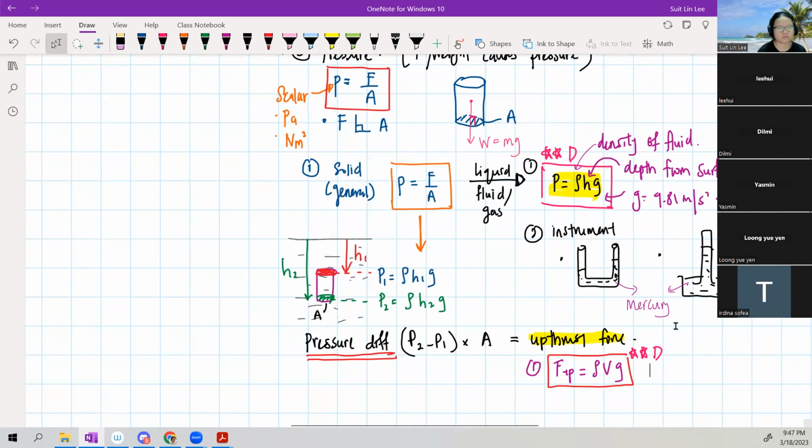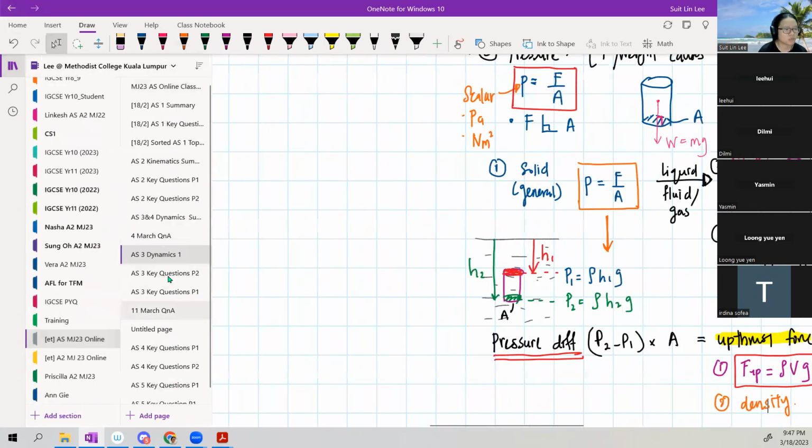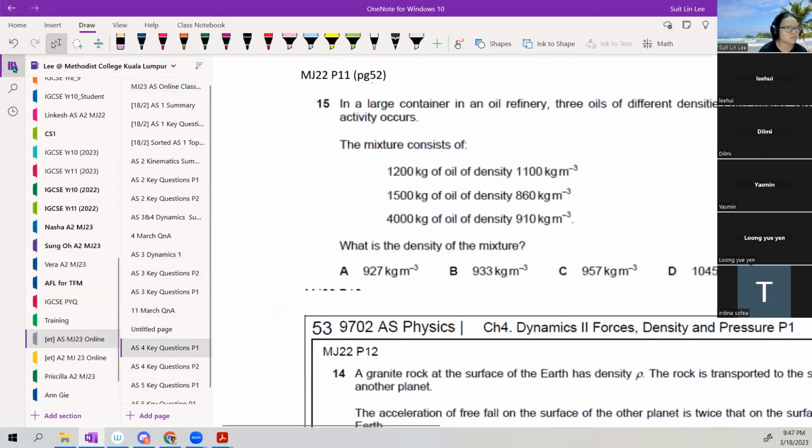And since we talk about upthrust, this is about floating, right? So under the branch of upthrust is the idea of density. You have studied this in your high school. Things that are less dense will float. Okay, we'll do some questions. We're going to now look at mainly the objective one first.